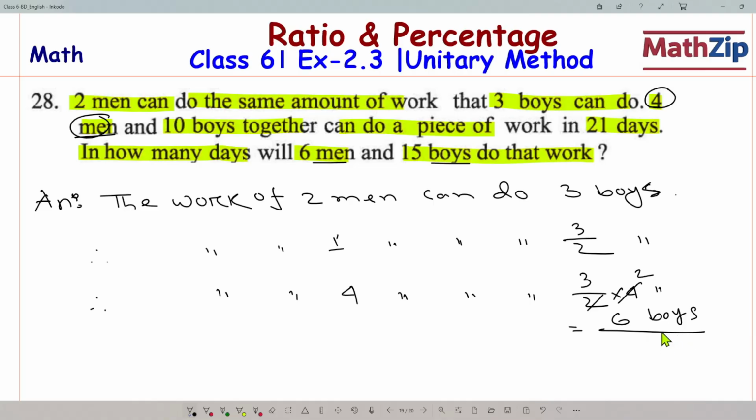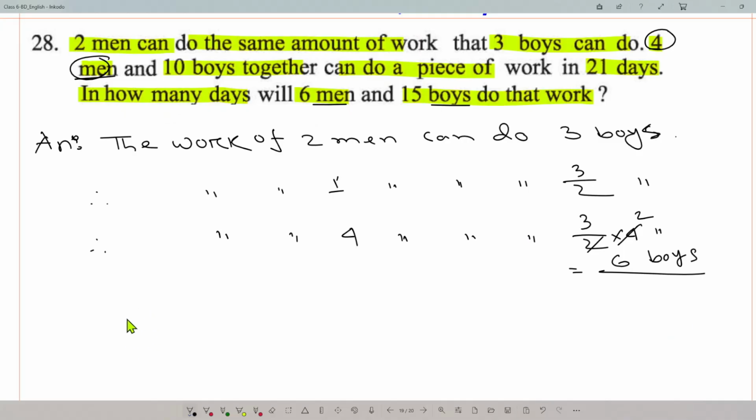Okay, so it's the first thing. So 1 man means 3 by 2.